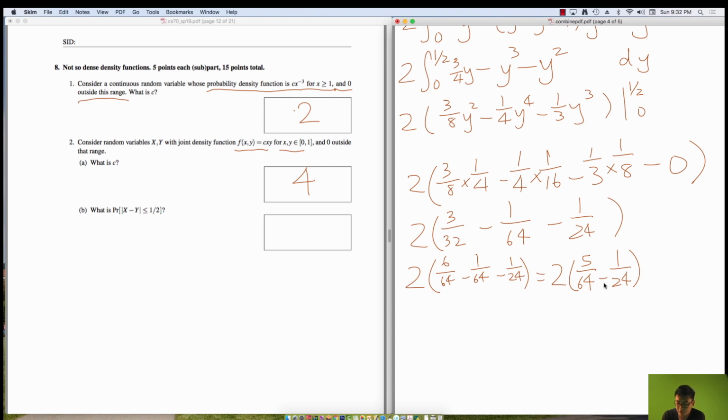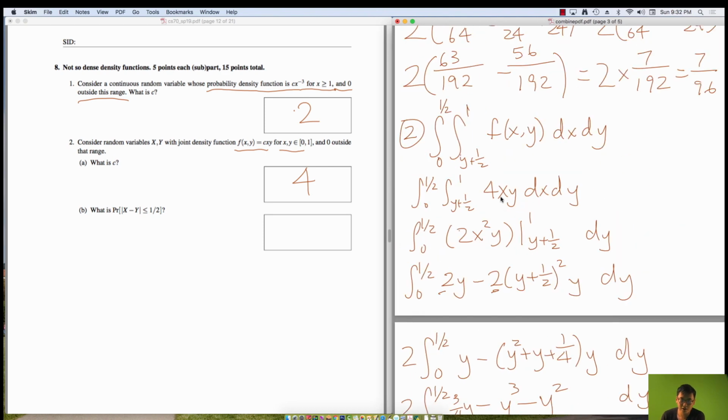And again, remember 64 and 24, the least common multiple is 192. So I'm just going to write it on a new line. So I multiply the top and bottom by 3, and I can multiply the top and bottom by 8 here, to again get 2 times 7 over 192, which is equal to 7 over 96.